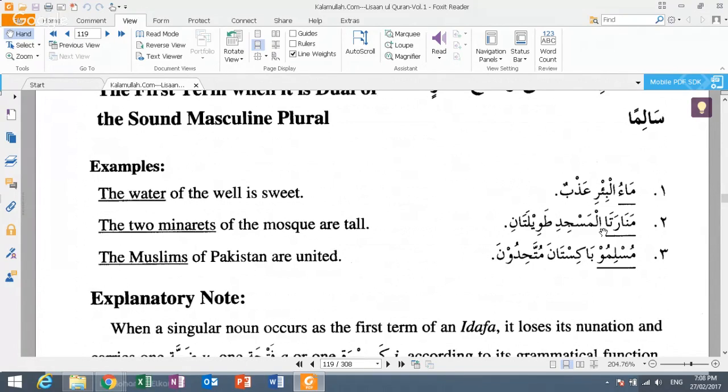The noon will be dropped. So how do you say then? A little, don't stretch that much. Manaratal, a little. Okay? So Manaratal Masjidi Tawilatani.